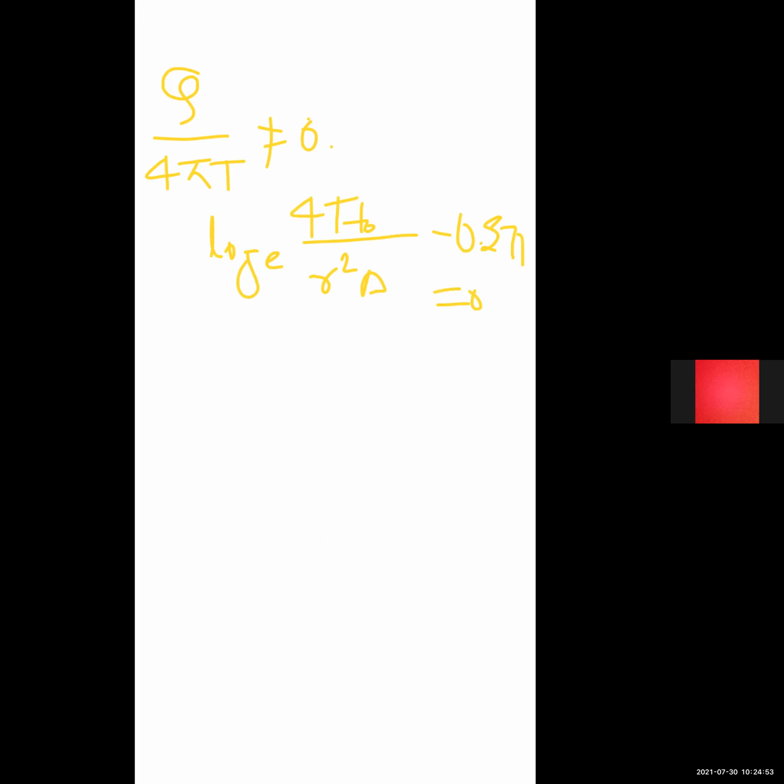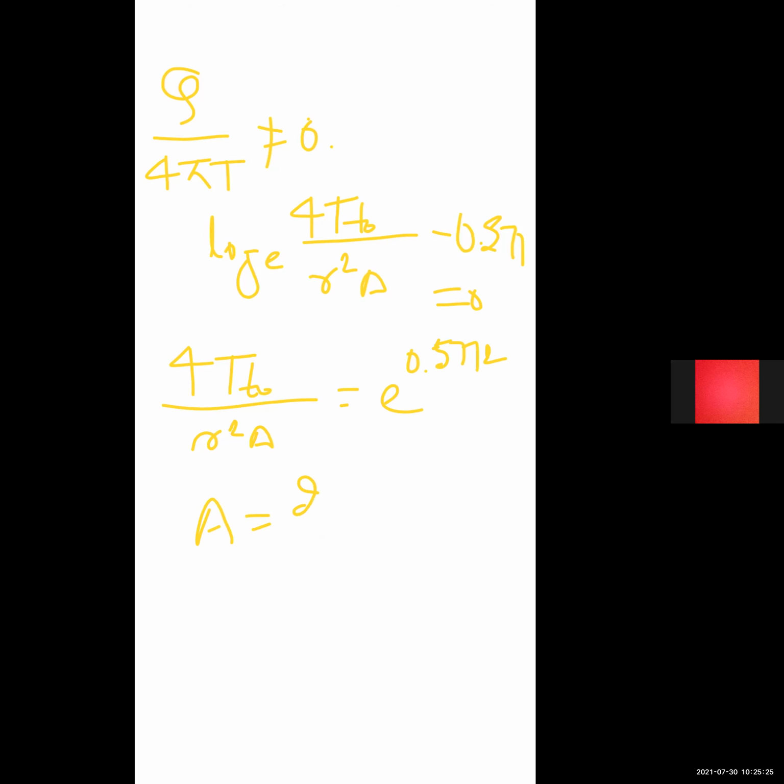By solving this, we find that 4 T t naught divided by r squared a equals e to the power 0.5772, and by solving this we can find a, the coefficient of storage.